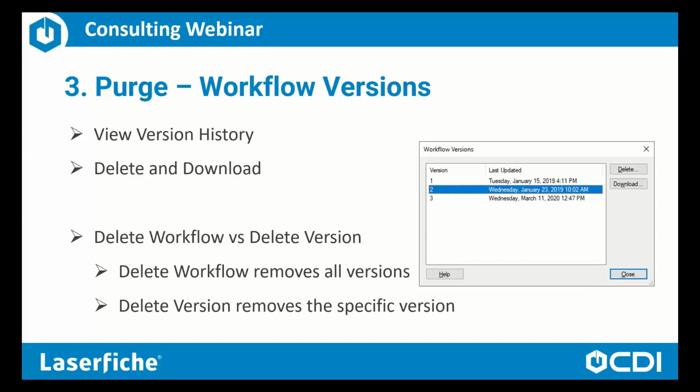And we also have the ability to download that specific version of the workflow so that we have it as a backup if needed. Or another time this comes in very handy outside of the realm of organization is if you need to roll back, you can always go into the workflow administration console, export your prior version, and reopen that one.